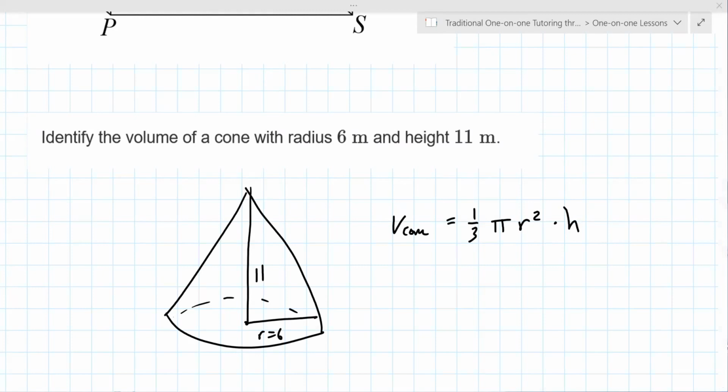It just wants a decimal approximation, so round to 1 decimal place. 414.7. 7 what? Oh, 7 meters cubed. Okay, you've got to give the dimensions. Really important. So we're moving through. We got that one, got that one.